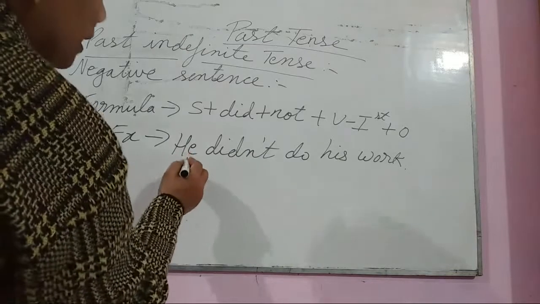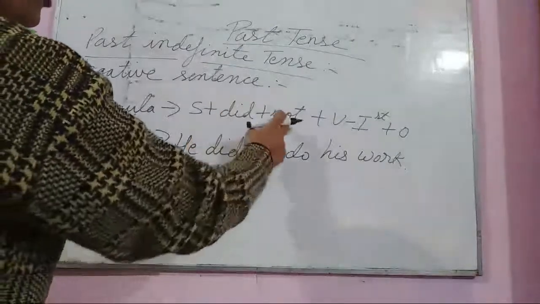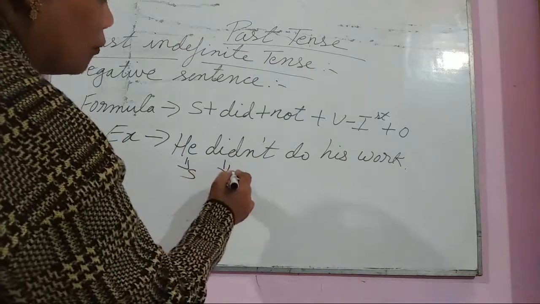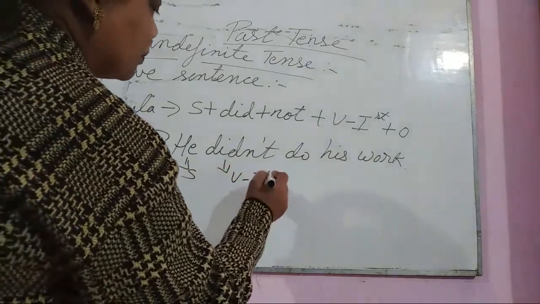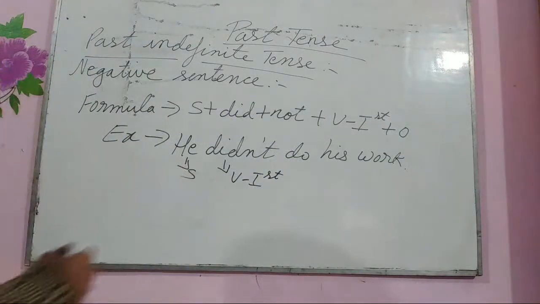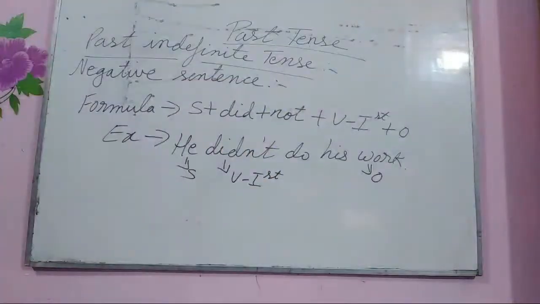Here he is your subject. Students, did not can be written as didn't. So your did is the verb of first form, and do his work, here your work is the object.